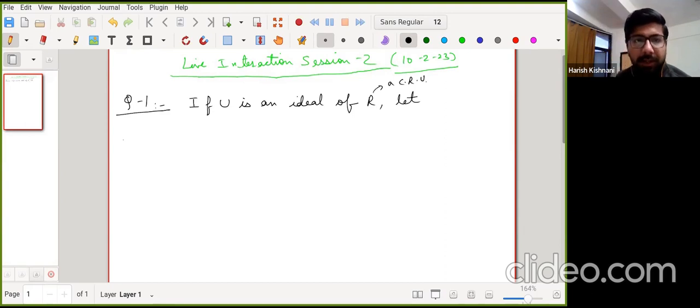So let us define this set R of U for this ideal.